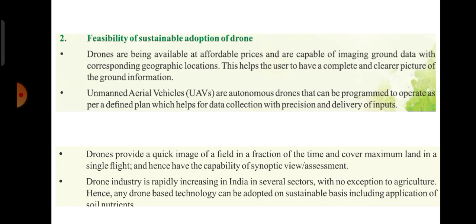Unmanned aerial vehicles, or drones, are autonomous and can be programmed to operate as per a defined plan, which helps with data collection with precision and delivery of inputs. This is all about the drone applications.